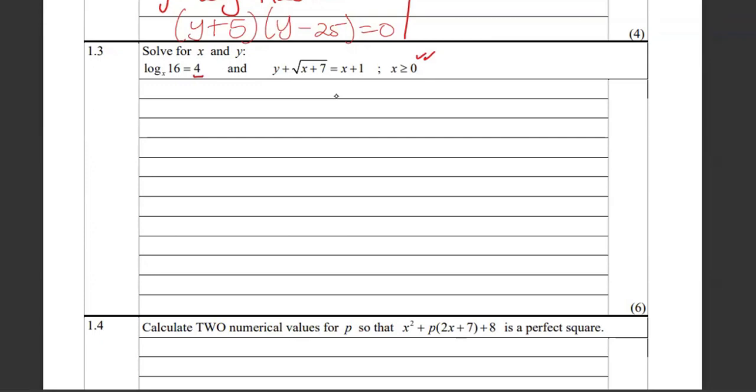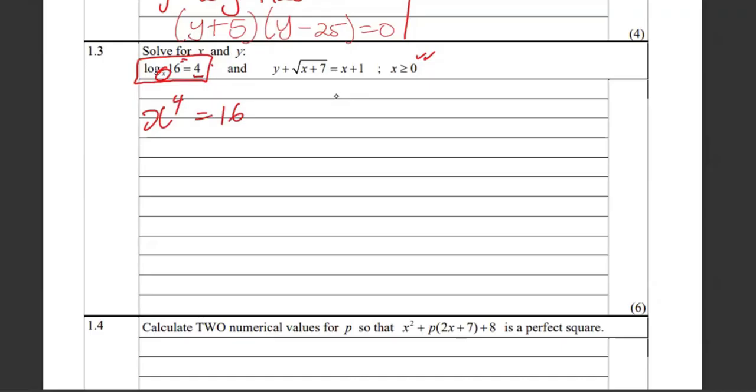So what I believe they wanted to test is basically your knowledge of converting log form into exponential form. So if our x is the base, even when I'm switching the 16 and the 4, meaning that if I have x to the 4, it should give me 16.